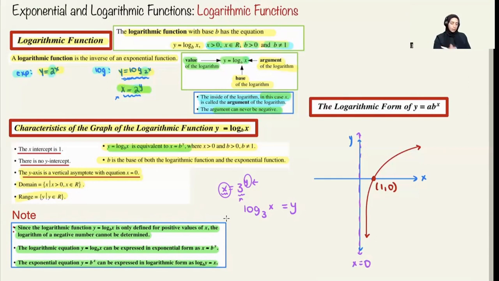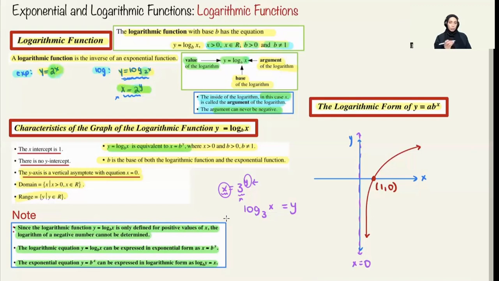And the last topic here that I want to talk about is really diving into the form y is equal to a times b to the power of x, right? So we've been looking at y is equal to just b to the power of x, right? Something like this over here, just b to the x.